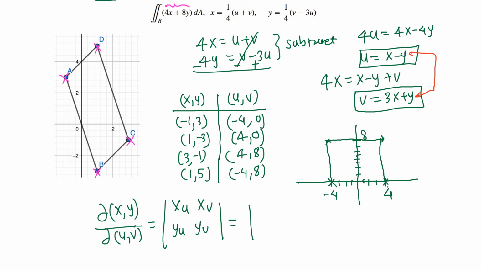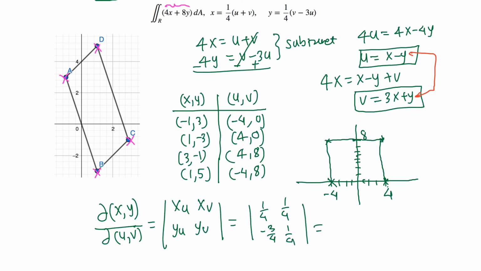So the partial of x with respect to u is 1/4, and with respect to v, also 1/4. For y, with respect to u, that's -3/4, and with respect to v, it is 1/4.